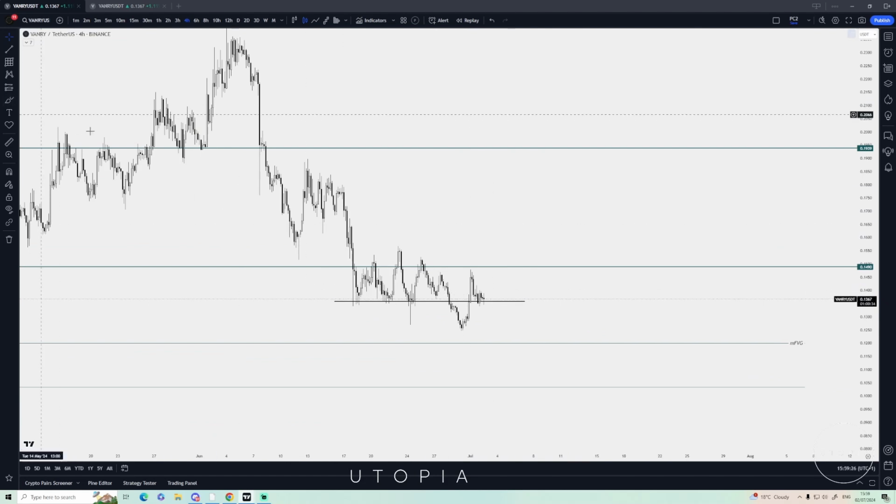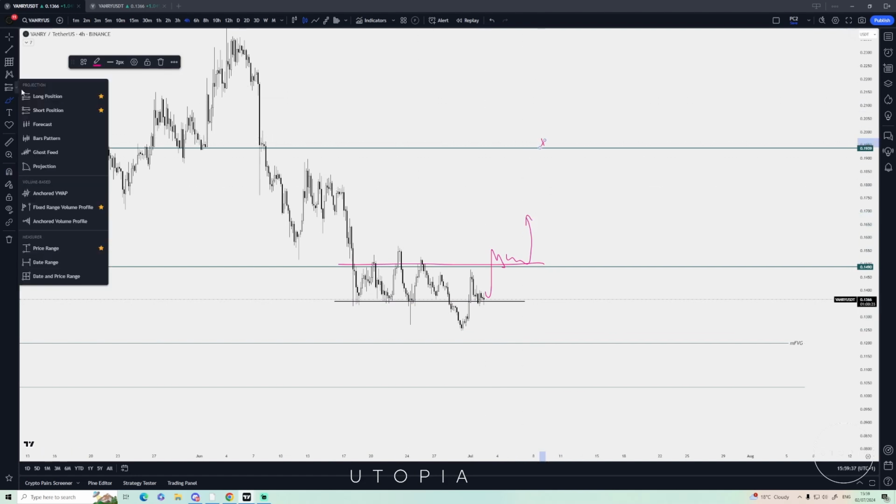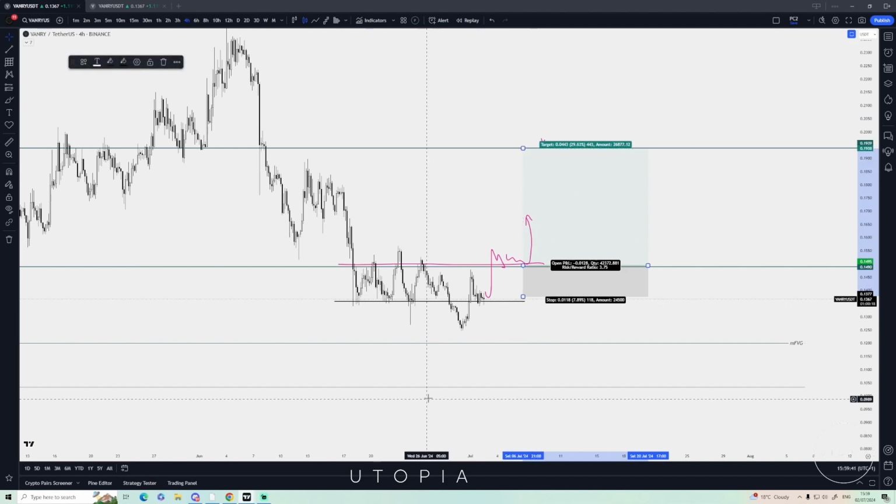I think this is definitely a nice sign for a bottom here with the deviation and the reclaim, but even still I would want to see a break above 0.15. If it gets that trigger, we take a long, with invalidation under there, and target back towards the range high.